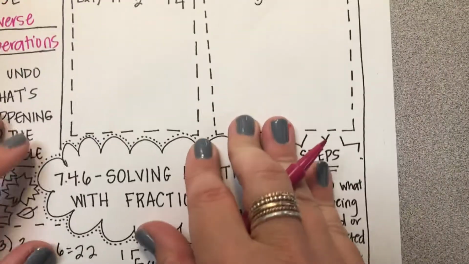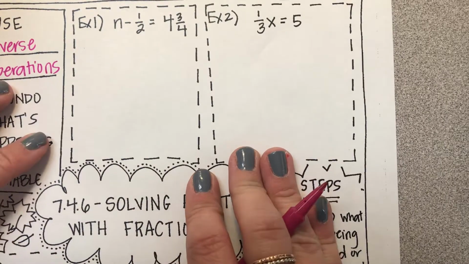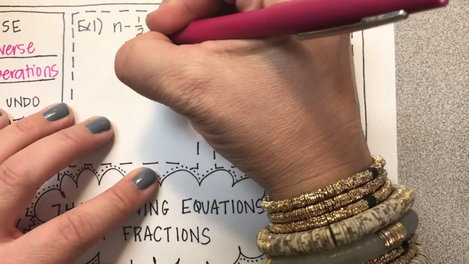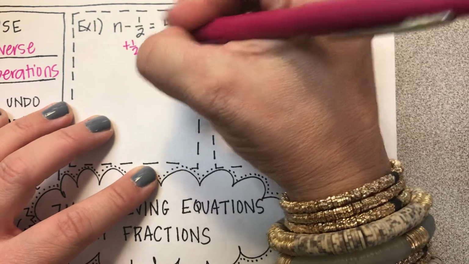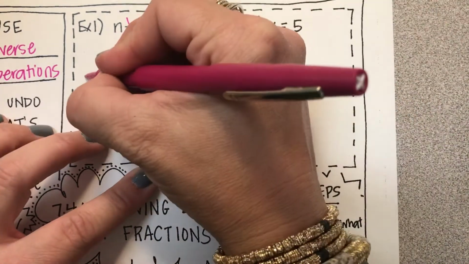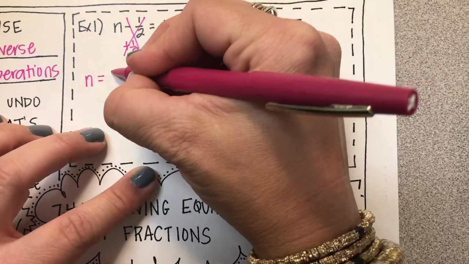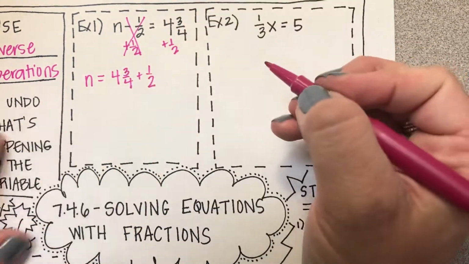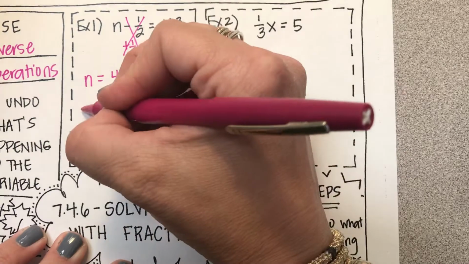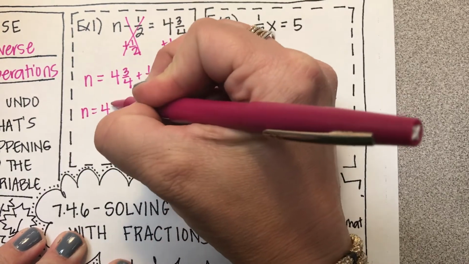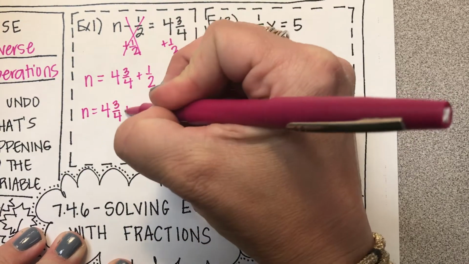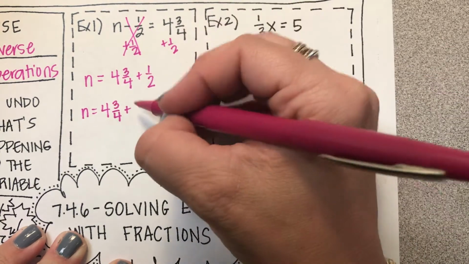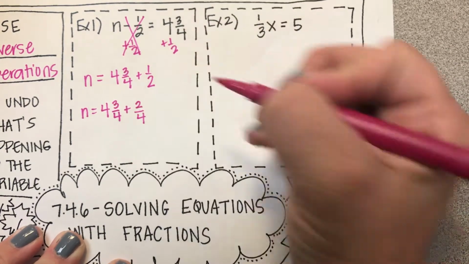So for example 1, it's n minus a half is 4 3/4. So I'm going to add a half to both sides so that that cancels. So now I have n equals 4 3/4 plus a half. Okay, I need these to have a matching common denominator. So I'm going to keep that 4 3/4, and make 1/2 2/4.